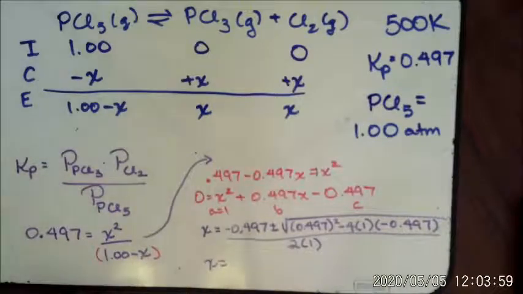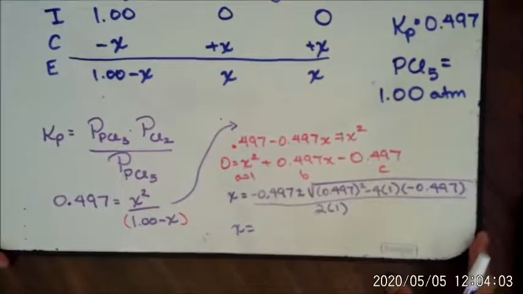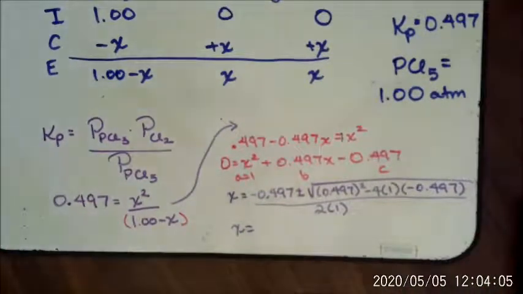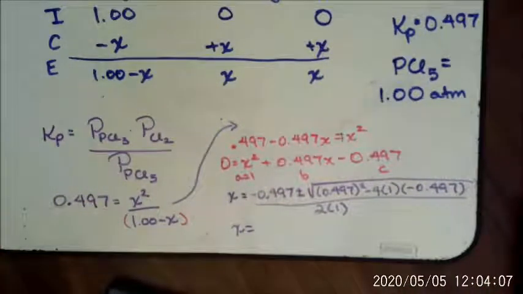So for my x values, I have 0.497, square that, and then minus 4 times 1 times a negative 0.497.